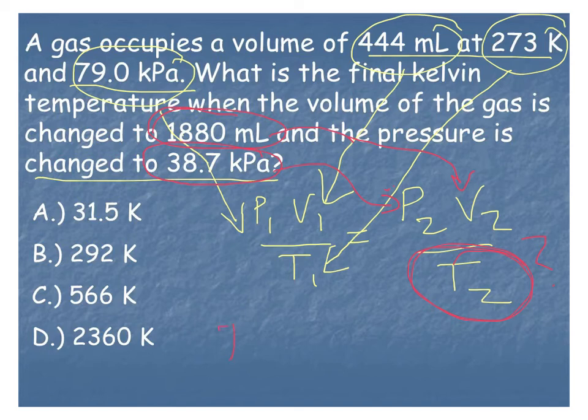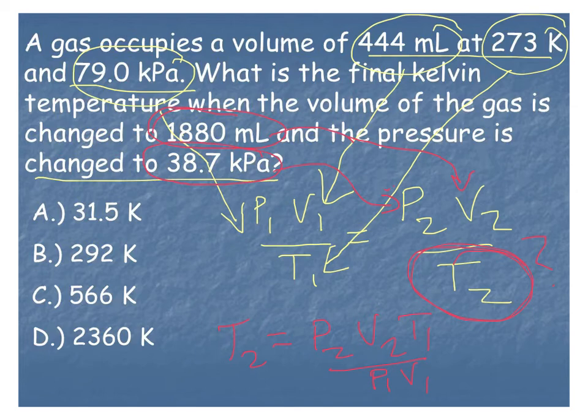So T2 is going to equal P2 V2 T1 over P1 V1. So let's just do that real quick. So we know P2 is 38.7, and then we know that V2 is 1880.